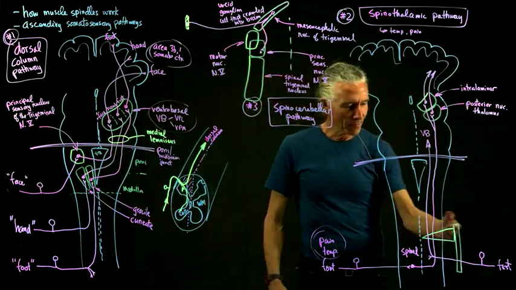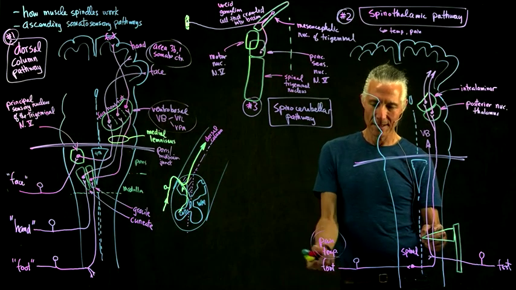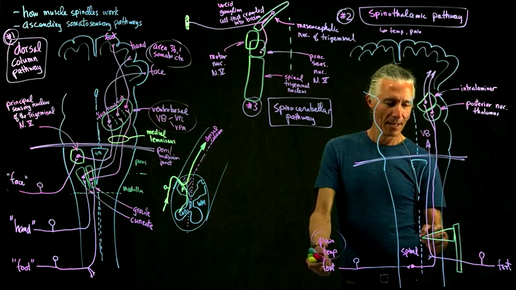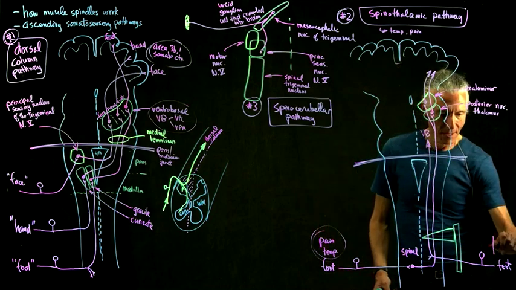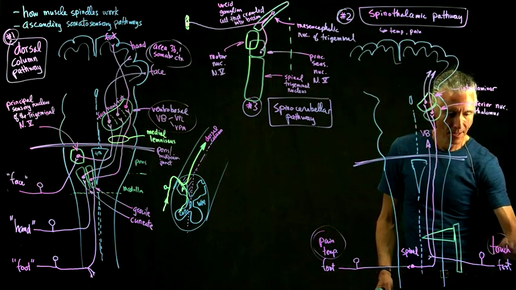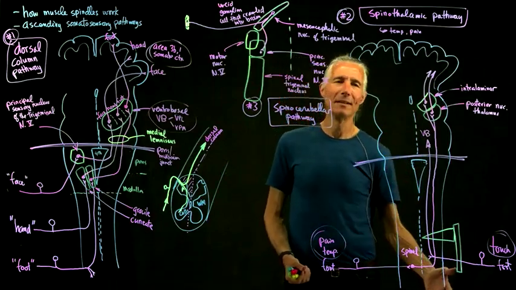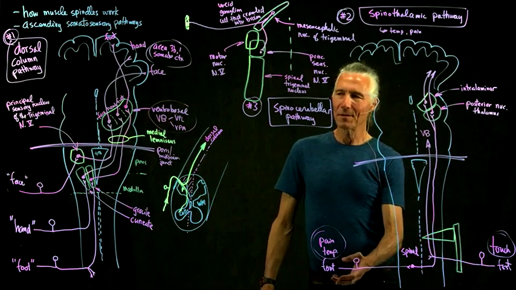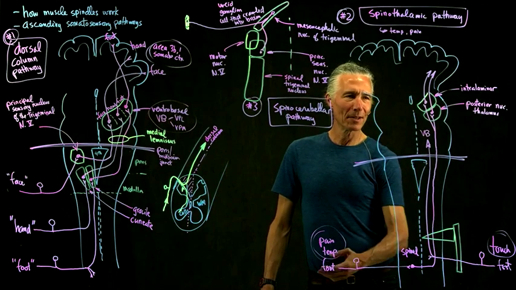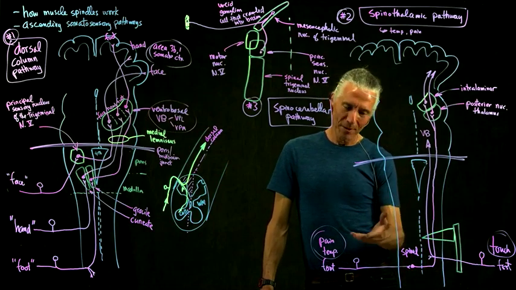And so what happens if you cut these two wires, you can see if I cut this wire right here on the right side, that's actually getting the left foot pain. If I cut this wire, that's getting the right foot touch. So you have this paradoxical situation where one foot can't feel touch, but it can feel pain. The other foot can't feel pain, but it can feel touch. Of course, if you cut all the way through, that's even worse.